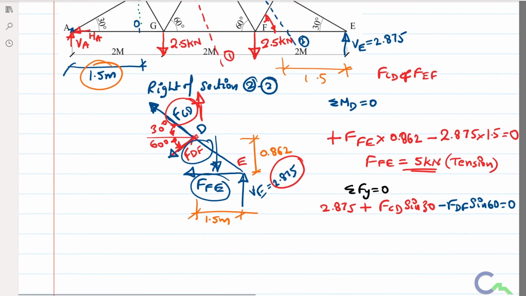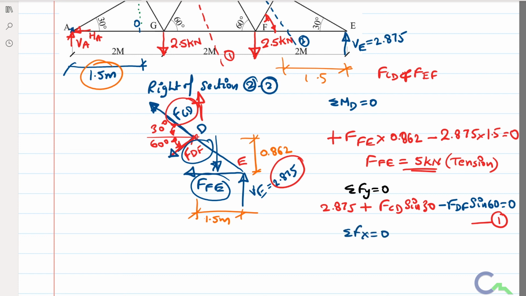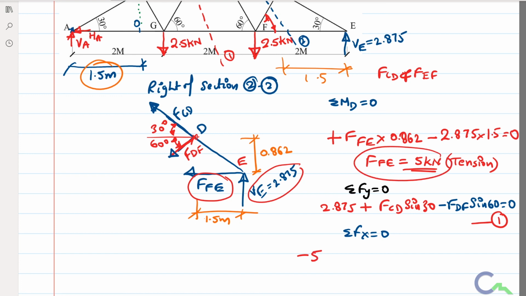In this case there are 2 unknowns, I can't solve this, so I want one more equation. I will take this as equation number 1. Now I apply one more condition: summation of horizontal forces is equal to 0. VE is acting vertically upward, so there is no horizontal component. FFE is acting in the negative direction, so I take minus 5.